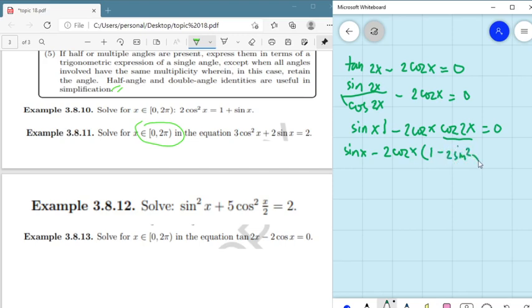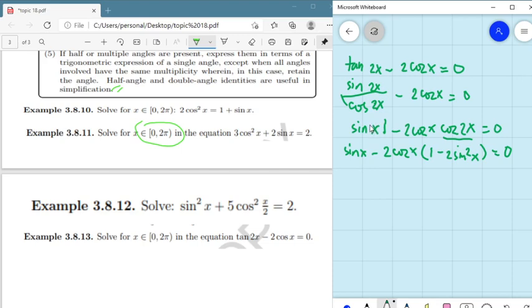equals 0. So, simplifying, we are going to simplify.